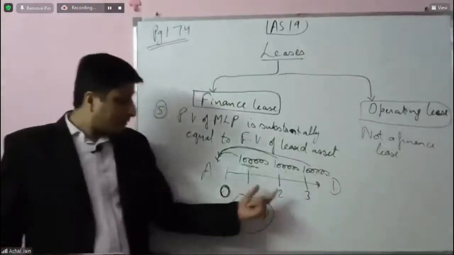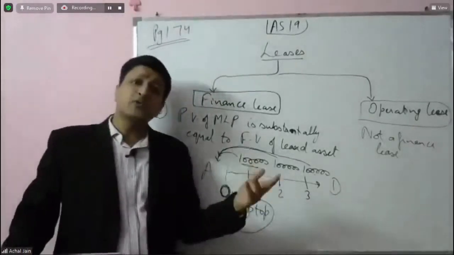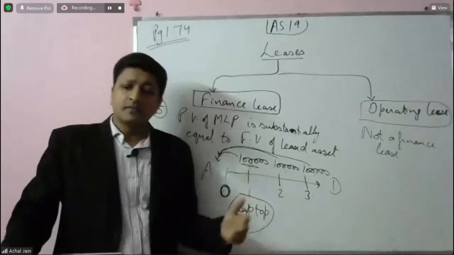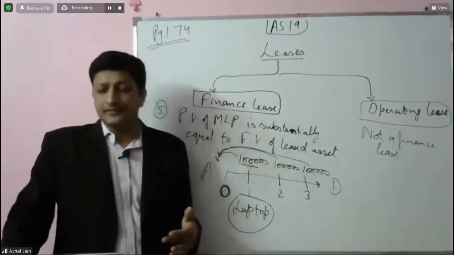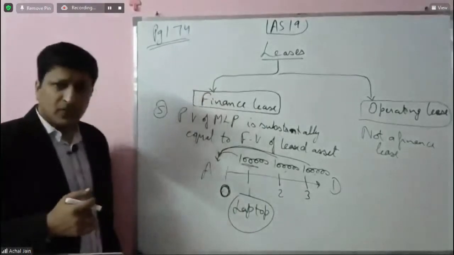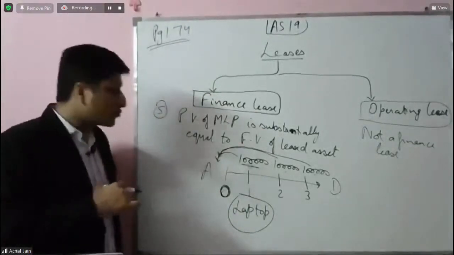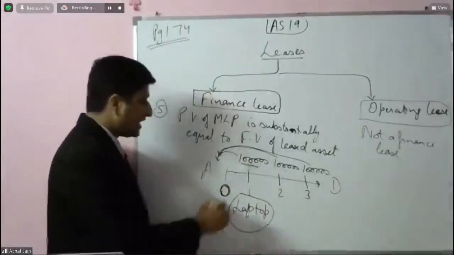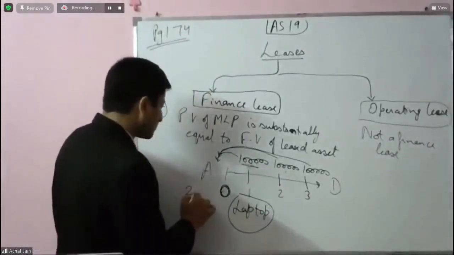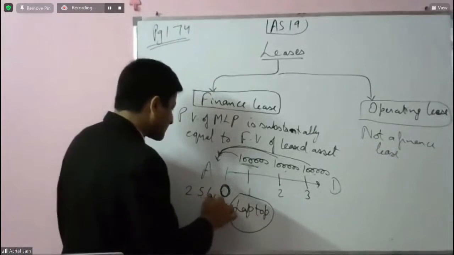Similarly, 1 lakh which is payable after 2 years involves greater time value of money. So what is it that we are supposed to do? We are supposed to compute their present values. Let's suppose their present value comes out to 2.5 lakhs.